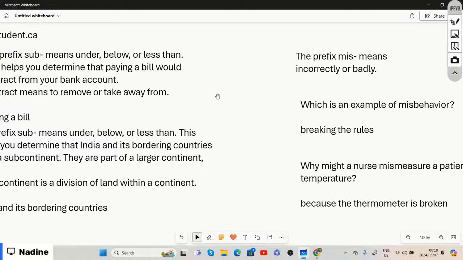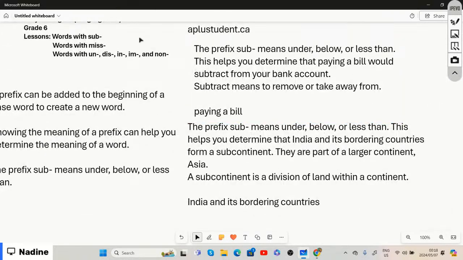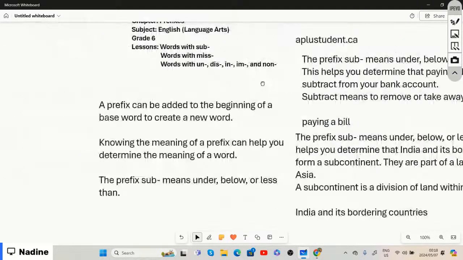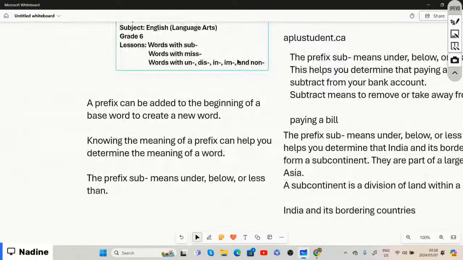All right, so we said once again that knowing the meaning of a prefix can basically help you to understand the meaning, or to determine the meaning of what the new word will be. Because remember, we said that the prefix is a word part that is added to the beginning of a base word. So the base word already has its own meaning, and we made an example of behavior.